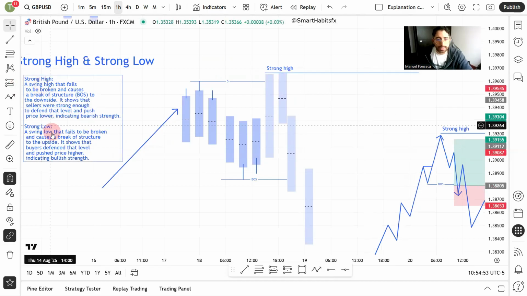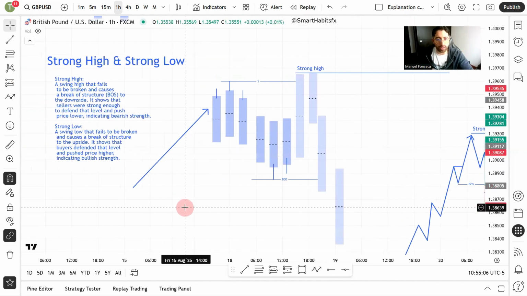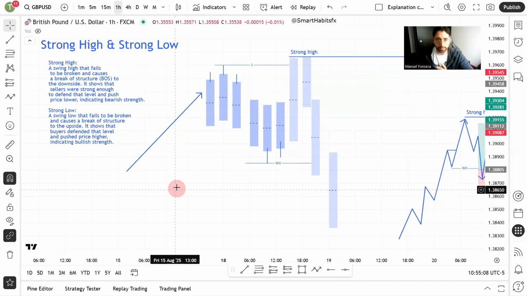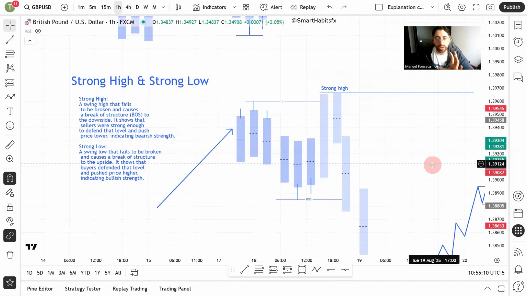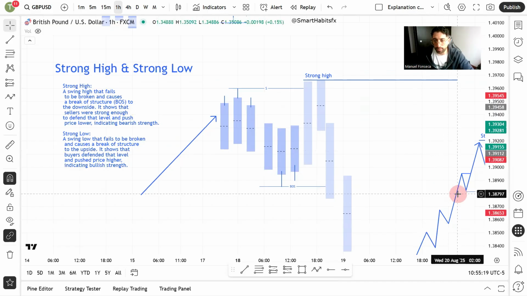This of course needs more context to understand when a proper strong high or a proper strong low works, right? But just for the sake of this video, I'm explaining to you where to spot it and where to identify it. Okay. Now we have this example of a bullish trend.